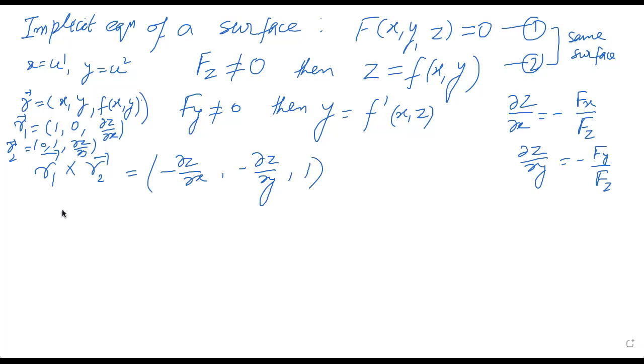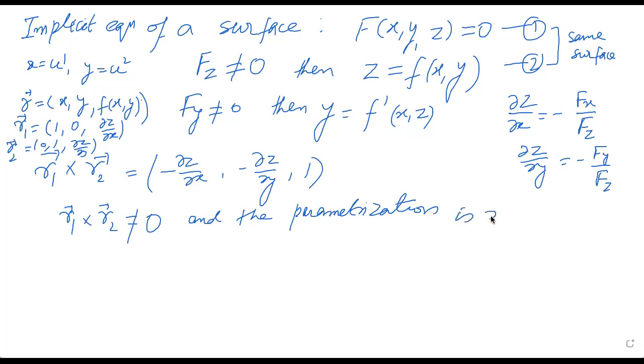So your R1 cross R2 in that case is not equal to 0, the last component being 1, and the parameterization is regular. For regular, your R1 cross R2 should not equal 0. So in implicit form, you can represent it in this way. Okay.